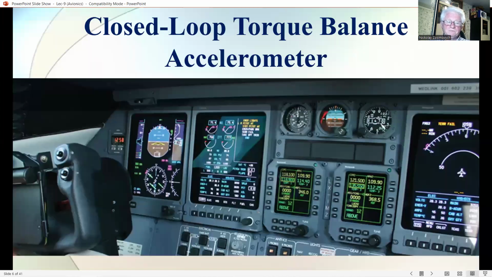The above shortcomings in terms of accuracy and bandwidth can be overcome by the closed-loop torque balance operation of the accelerometer.